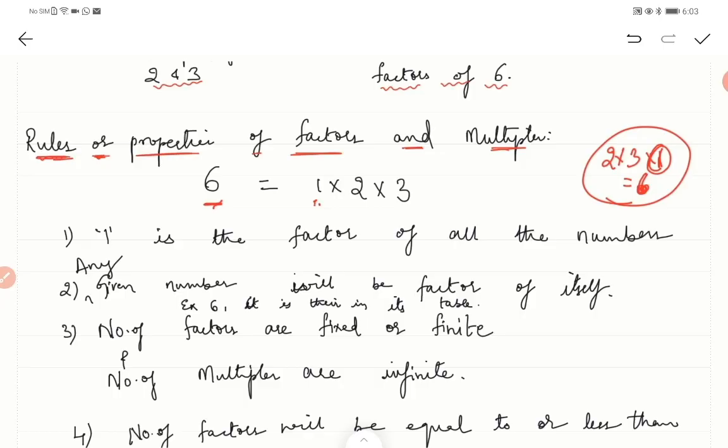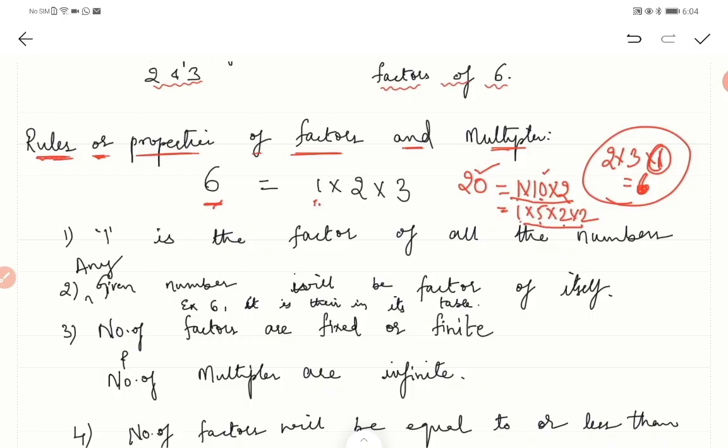Any number, if you take 20, you can write it as 1 into 10 into 2, isn't it? 20 into 1 is again 20. And you can write one more as 1 into 5 into 2 into 2, right? So for 20, all these are the factors: 1, 5, 2, 10.